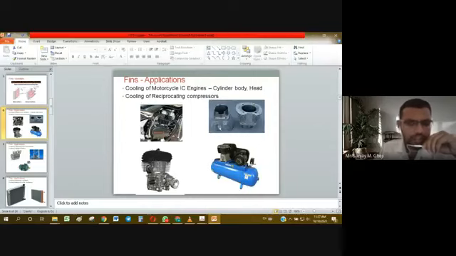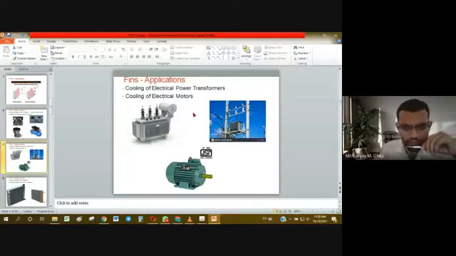Sometimes these are known as circumferential fins, or circular fins, or annular fins. Okay, so their shape and size will depend on the basic geometry of a component. Okay, then the other applications in electrical systems, you have electrical power transformers, electrical motors.